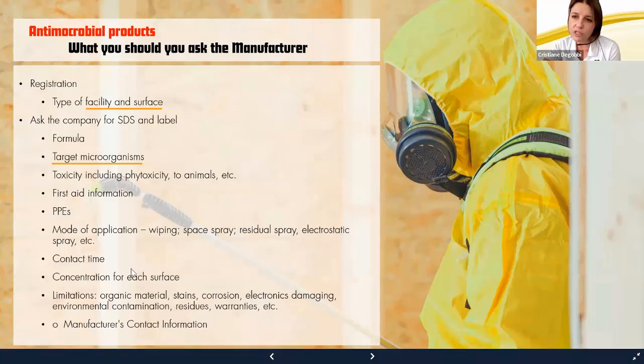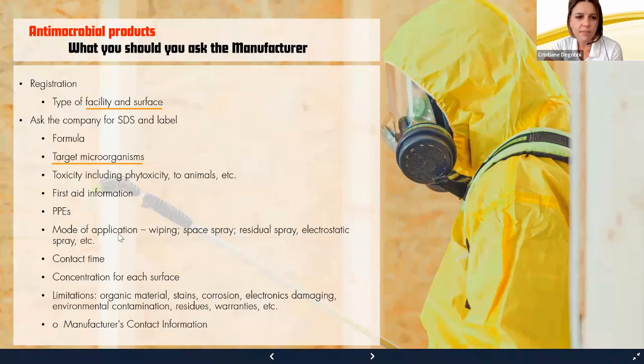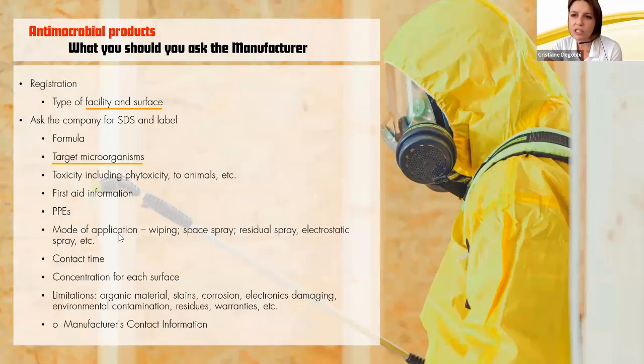The concentration for each surface, for example, you're gonna see one concentration for food contact surfaces for the same antimicrobial product, but another concentration for hard surfaces. And all types of limitations you need to find in the technical material.